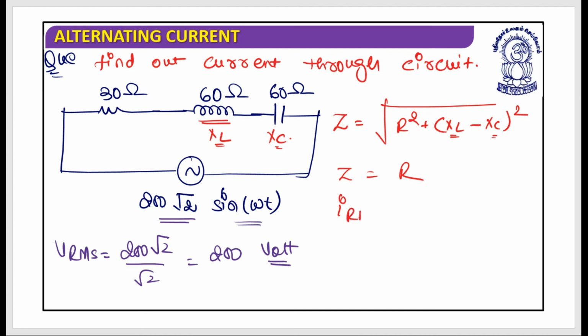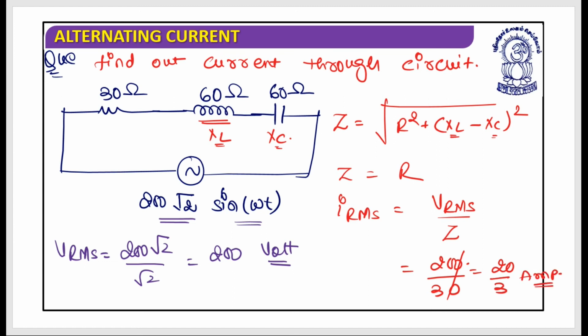So what I can have is an IRMS, which is equal to VRMS divided by Z, or you could write R, both are the same thing. So this is equal to 200 divided by 30. This 2 has gone and it's 20 by 3 ampere. I hope this is clear.